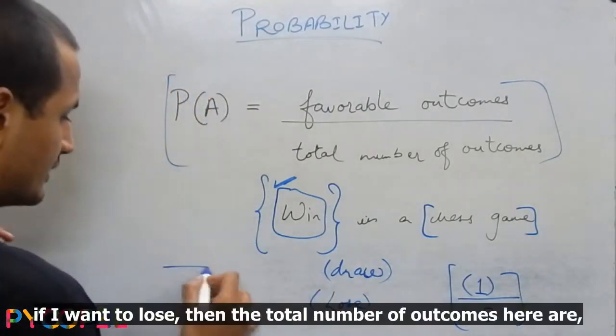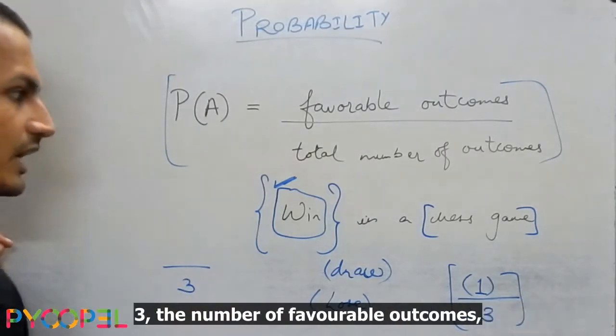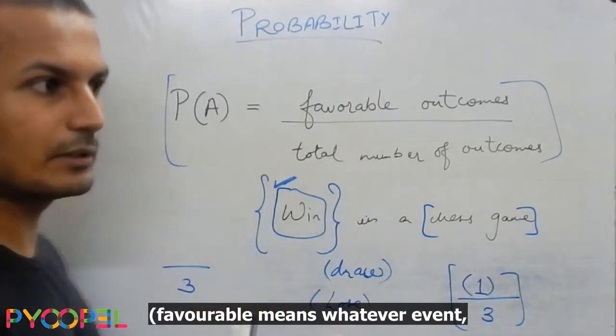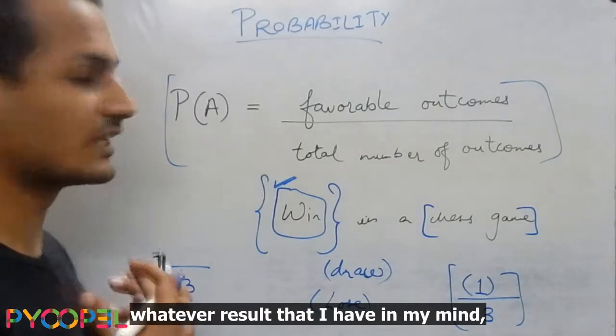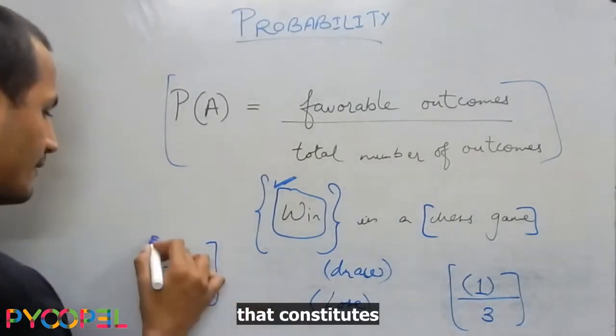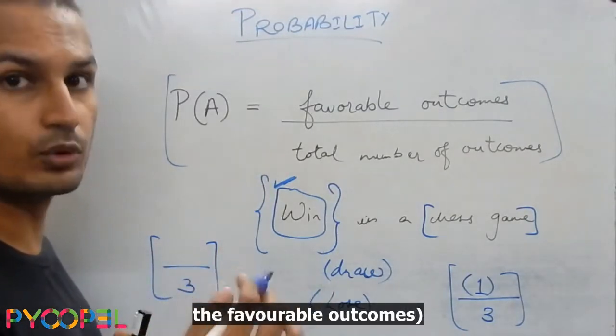Similarly, if I want to lose, then the total number of outcomes here is 3. Favorable means whatever event, whatever result that I have in my mind, that constitutes the favorable outcome.